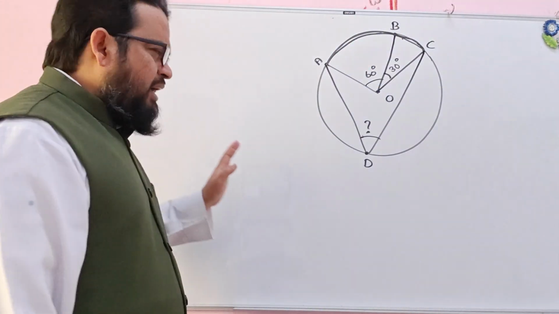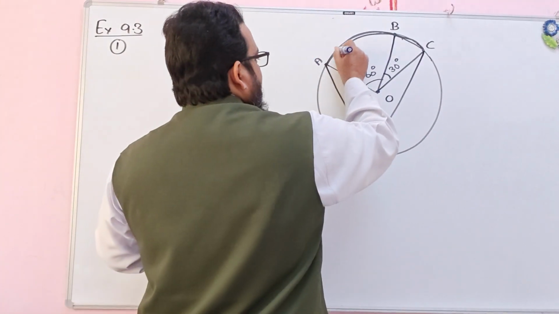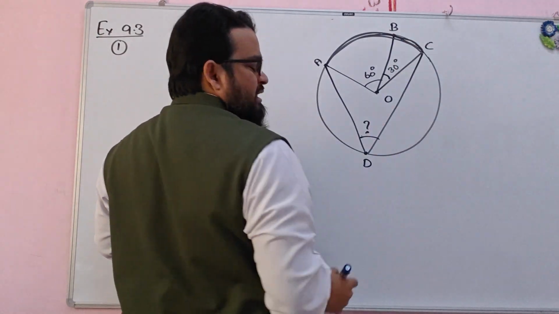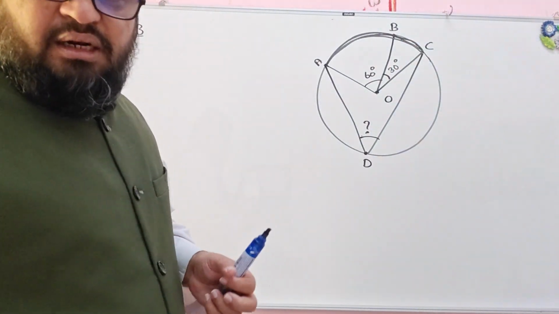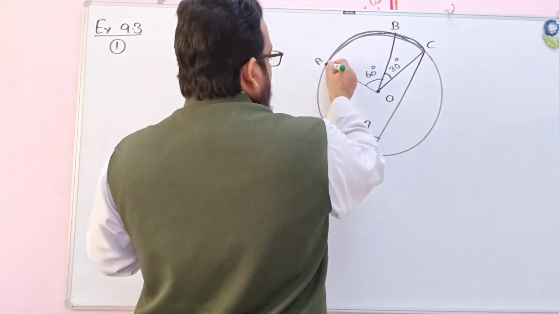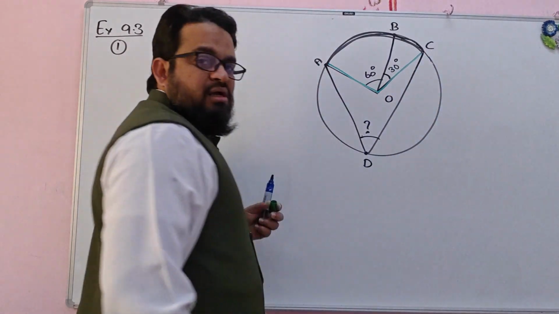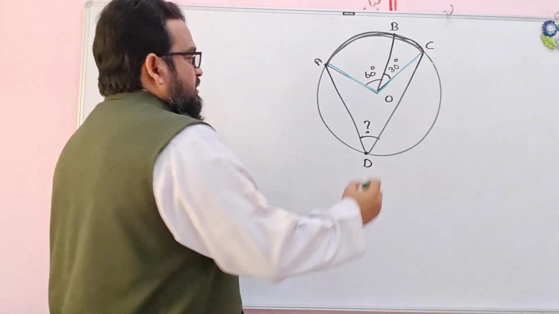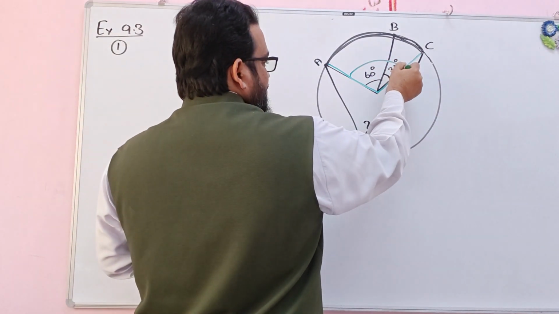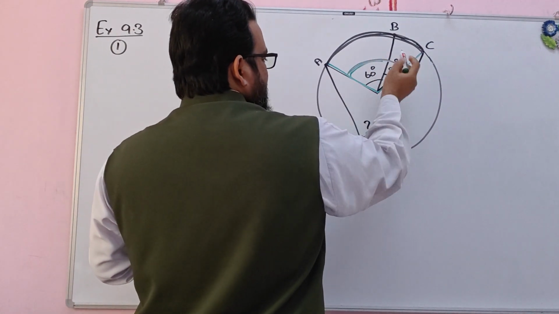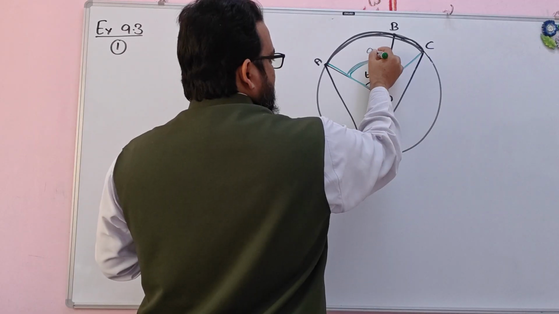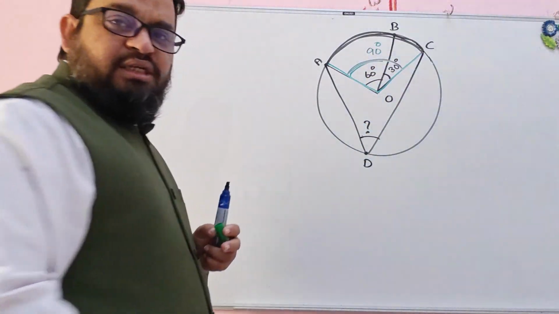Does it remind you? This is arc ABC. So what is the angle subtended by it at the center? This is the angle subtended. So what is this angle, my dear students? It is 60 plus 30, which is 90 degrees.